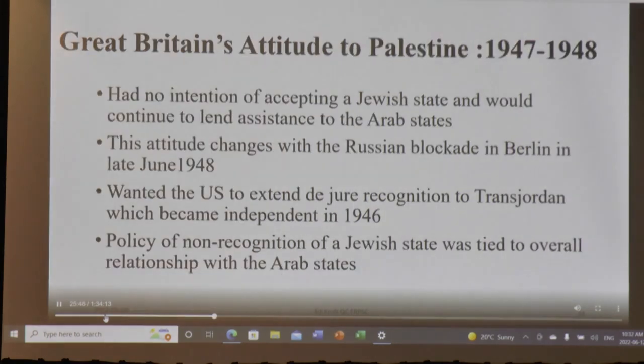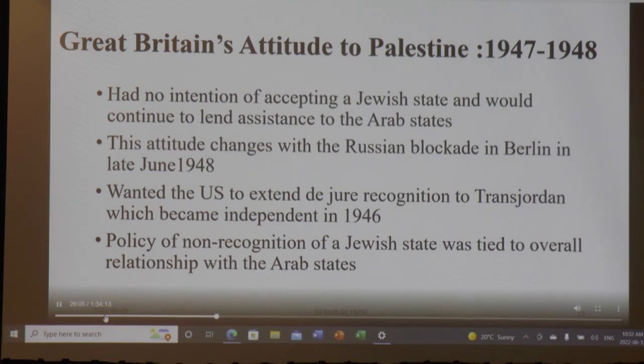Now, in terms of its attitude to Palestine in 1947 and 48, Great Britain really didn't want to accept the creation of a Jewish state. It had economic relationships with the Arab states in the region, particularly because of the oil interests that were there at the time.